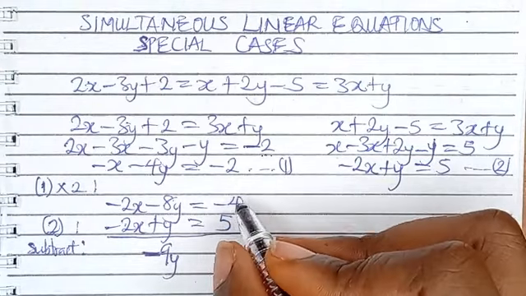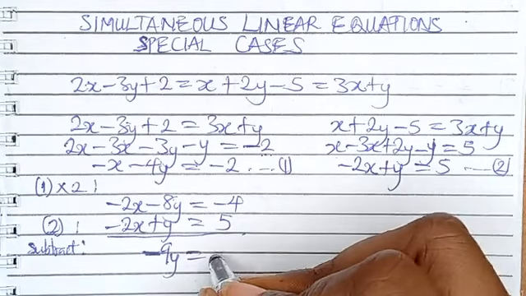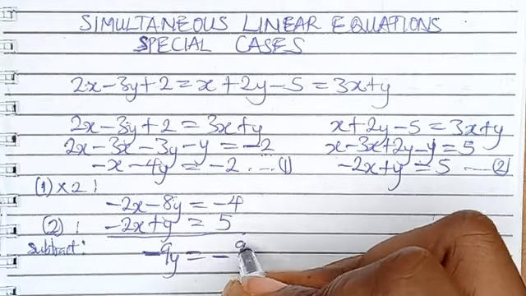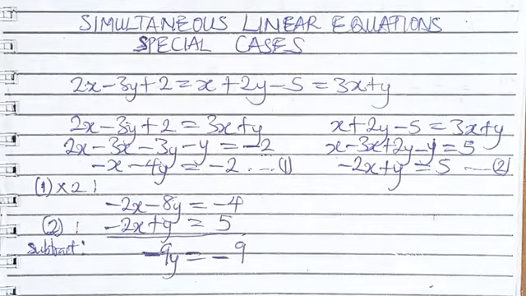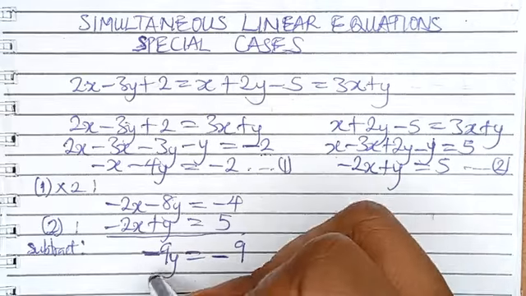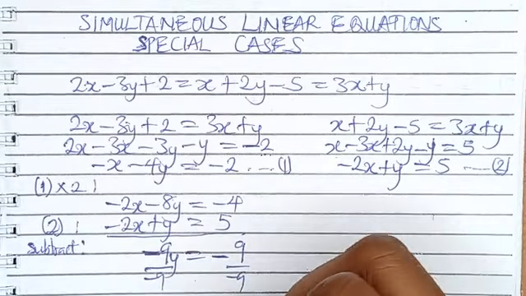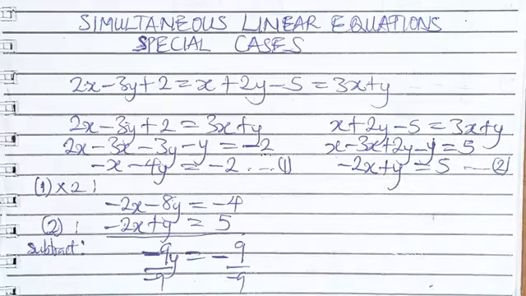And then minus 4 minus 5 is equal to minus 9. So we divide both sides by minus 9. And we have that y is equal to 1.